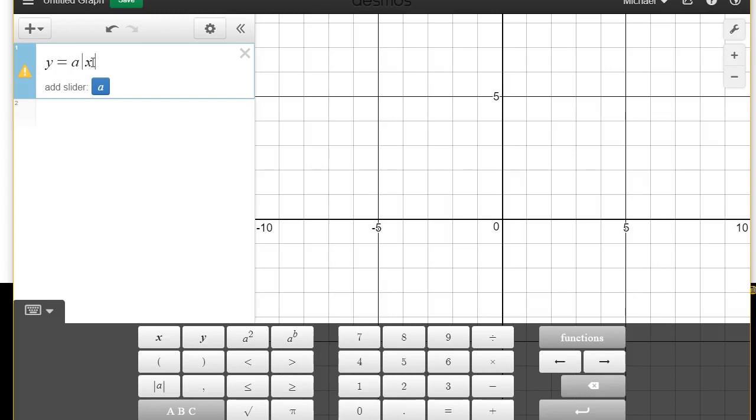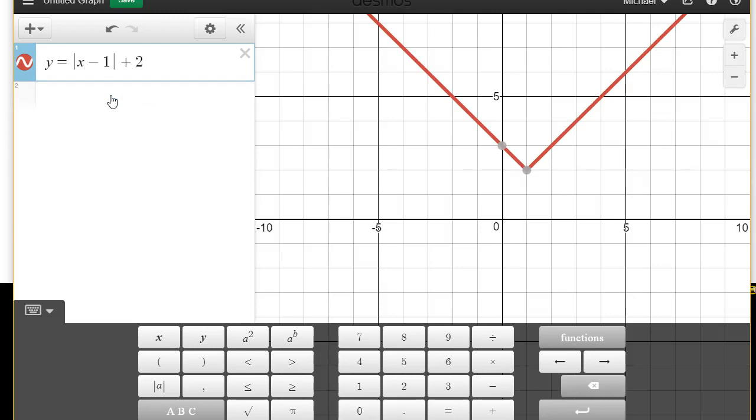Now, one last thing I'll share with you, it turns out this works just fine if we also have h, and for right now I'll just put -1, and k, and I'll just put +2. It works just fine that way. Actually, let's just leave a at 1 for right now.